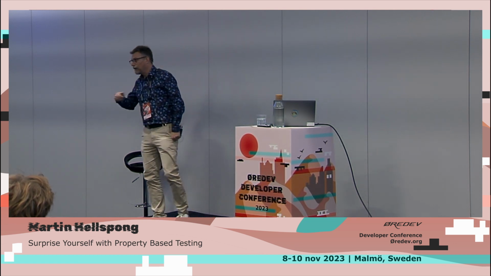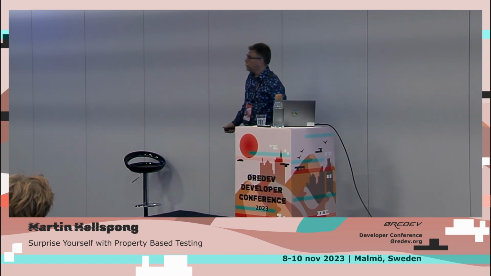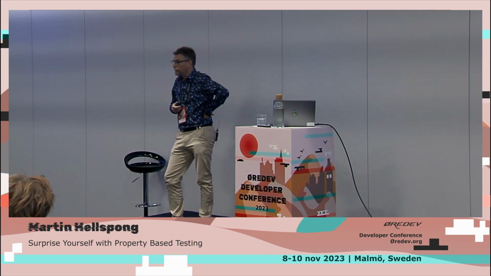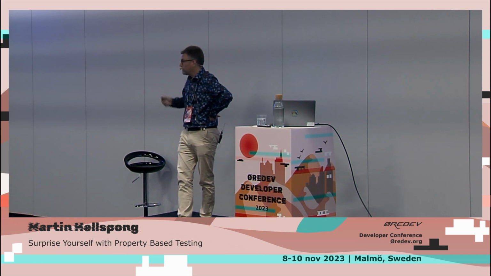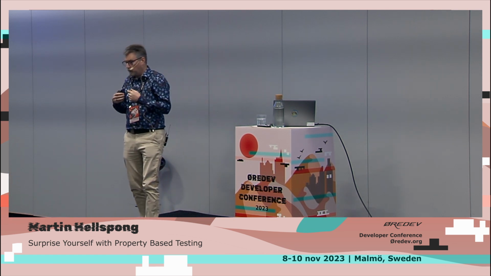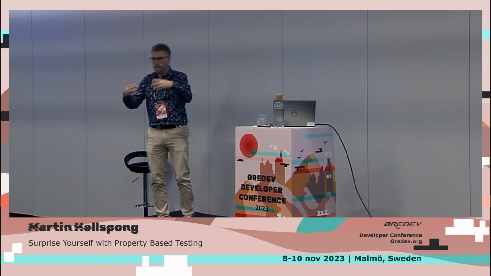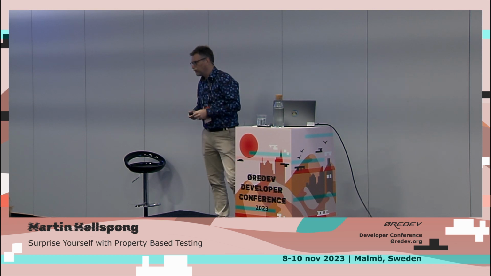But I think that property-based tests are very good at surprising you and your code. And in my mind, they have the potential to greatly improve quality and robustness. Especially for libraries, I think, because if you have a function, you're only calling it in the context of your own domain, you're the only client, so to speak.